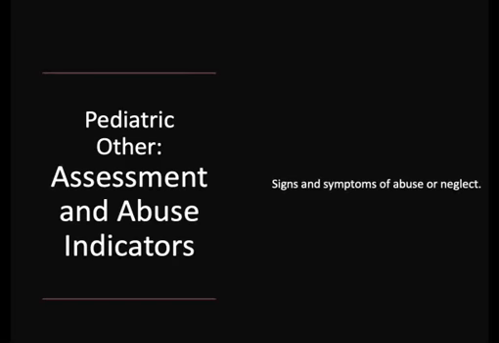Okay, so let's talk about some other assessment differences. When we talk about getting the pulse in an infant, so 1 year or less, we are taking it in the brachial artery. Also, we could use the fontanelles to help with the assessment indicators. During assessment, if we see sunken fontanelles, we want to make sure that we're asking about the urine output, or trying to figure out if the baby could be dehydrated.